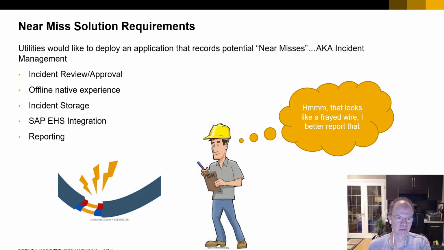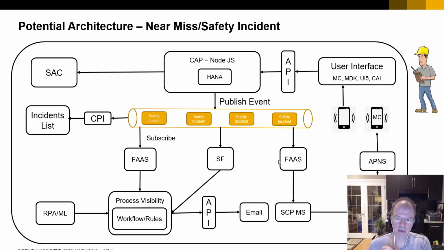And what are some of the major things you'd like to have, such as being able to review incidents, which essentially implies a custom workflow, somewhere to store the data, integration with back-end systems such as employee health and safety, and of course the ability to report on it. And so what I've tried to do with the help of some of my colleagues is put together this architecture and be able to show you how that would work.